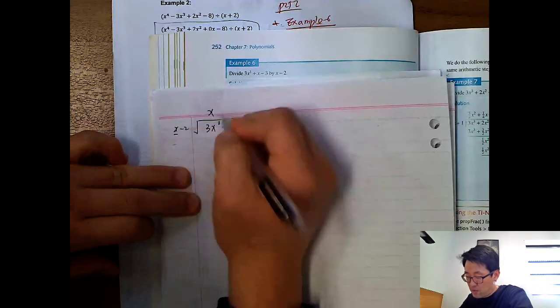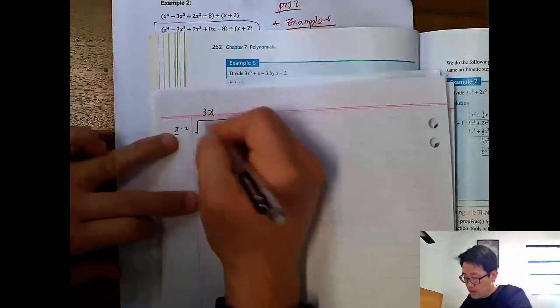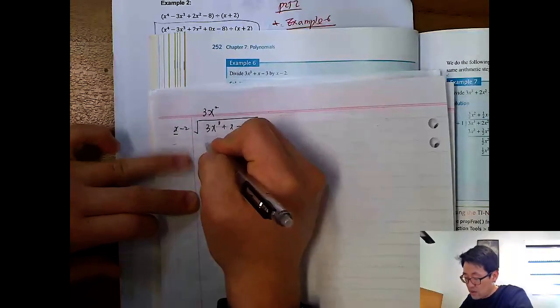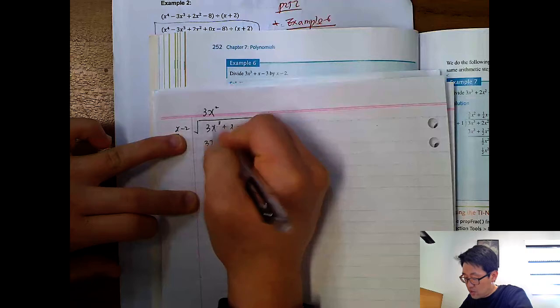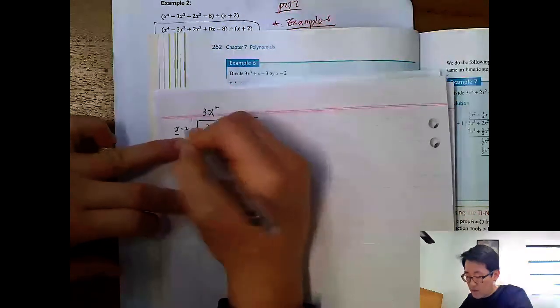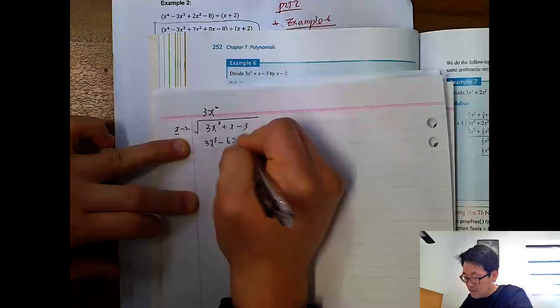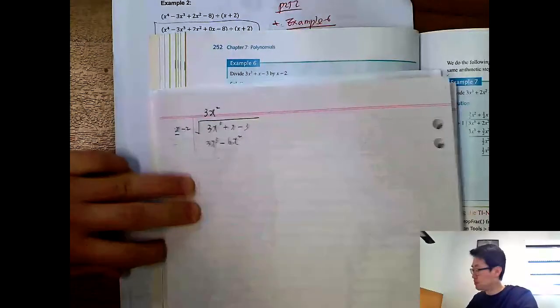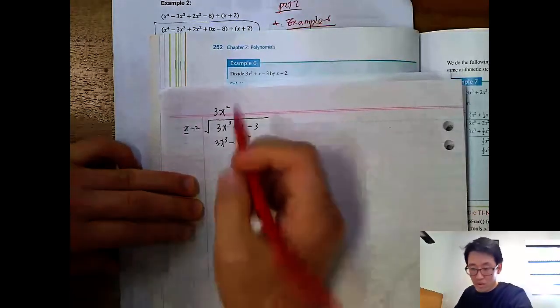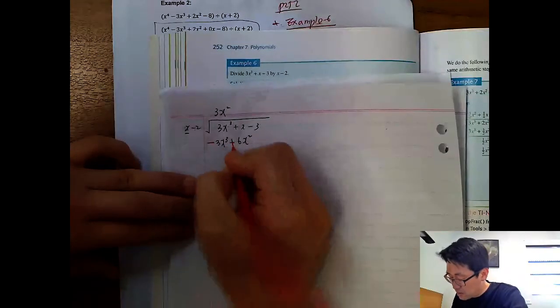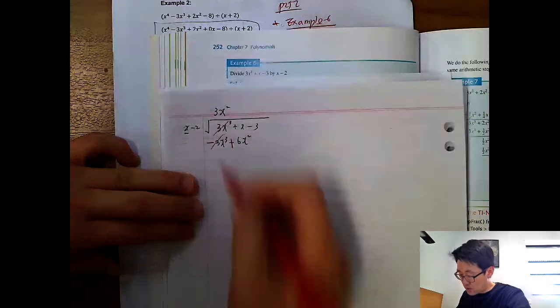Just check the first number: 3 times x squared. So that will make 3x cubed, times x minus 2, minus 6x squared. And then what you need to do? Minus the whole thing. Minus, plus, cancel that out.